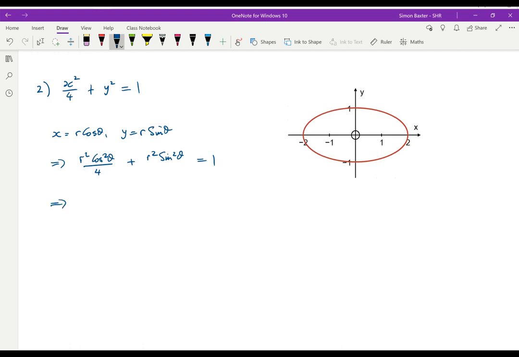Multiply both sides by 4 and divide by cos squared theta plus 4 sine squared theta. So there is converting a Cartesian equation to a polar.